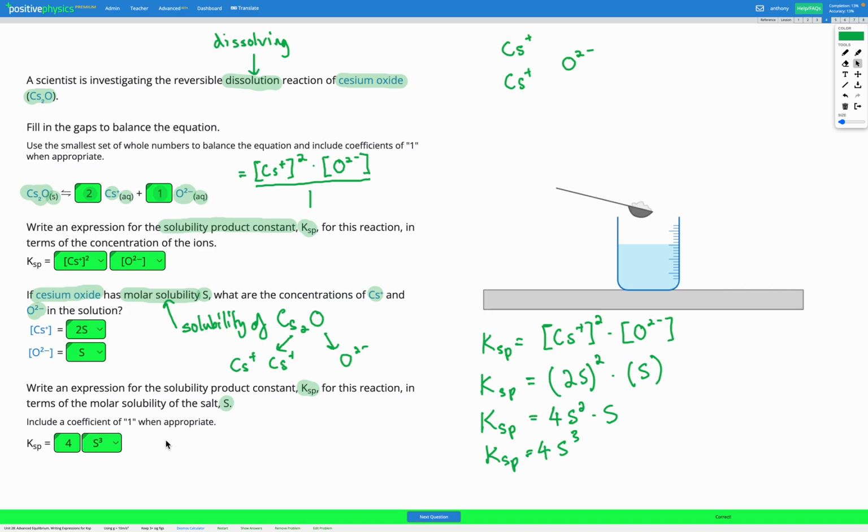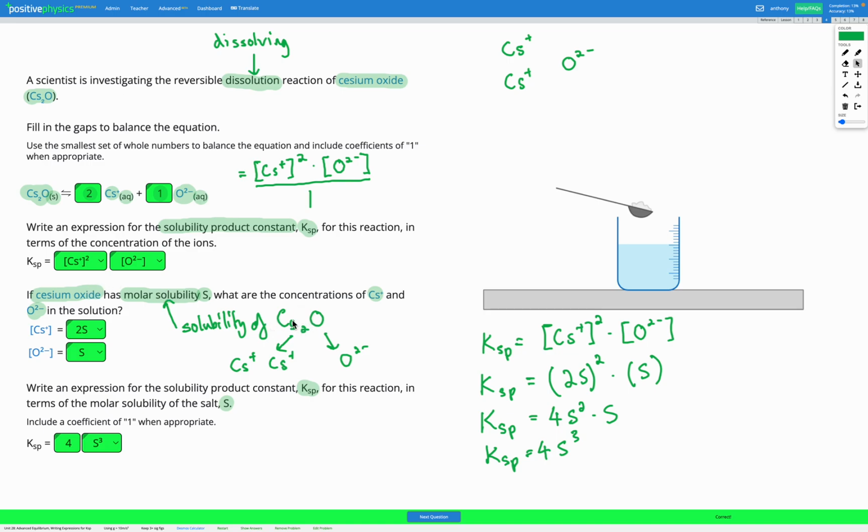Awesome. So the steps in this question are first balancing our equation, thinking about how many ions are going to be made from our compound. Then we're figuring out our solubility product constant, Ksp. Remember, that's exactly the same as finding the equilibrium constant. Next, we're going to think about the concentrations of our ions in terms of the molar solubility of our overall compound.